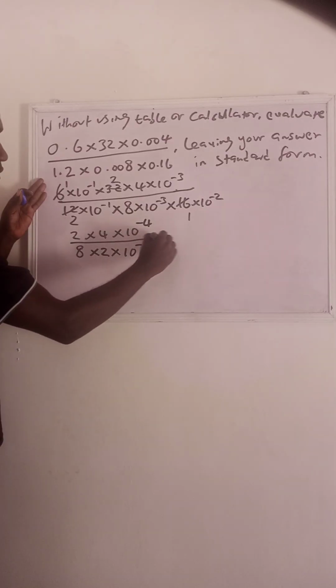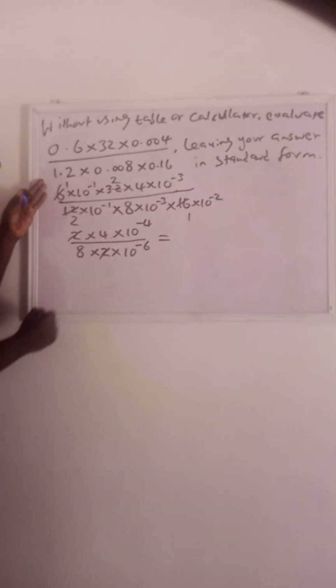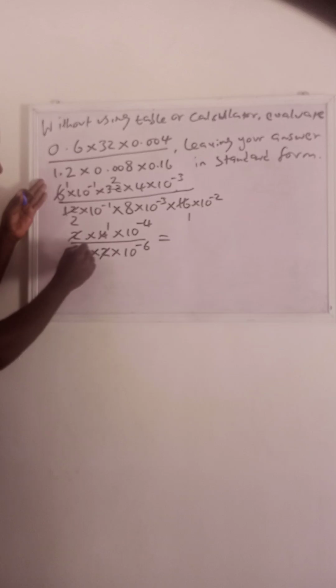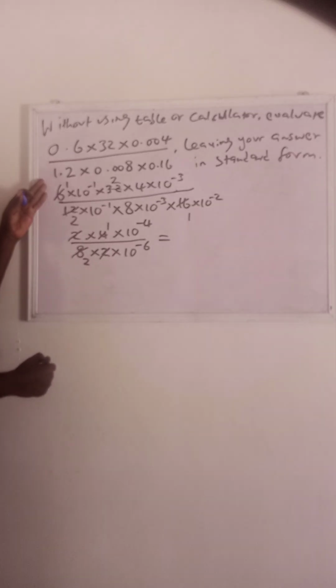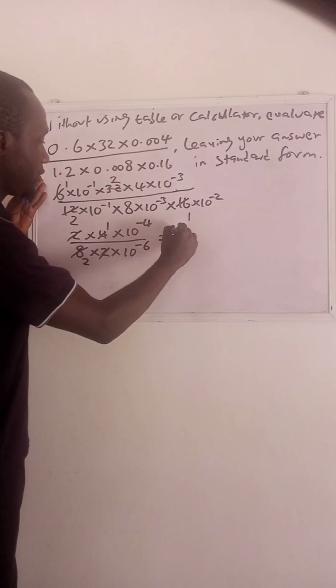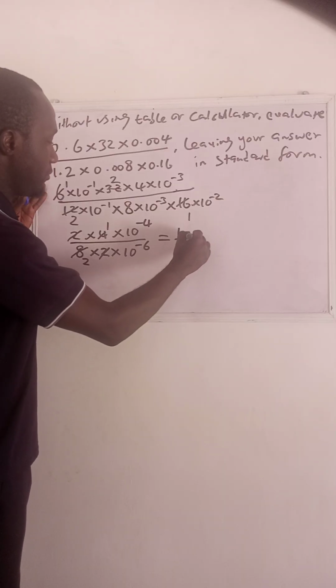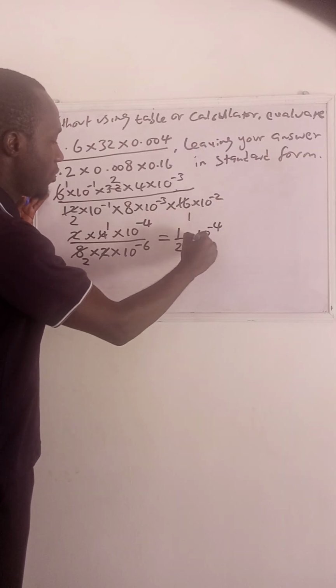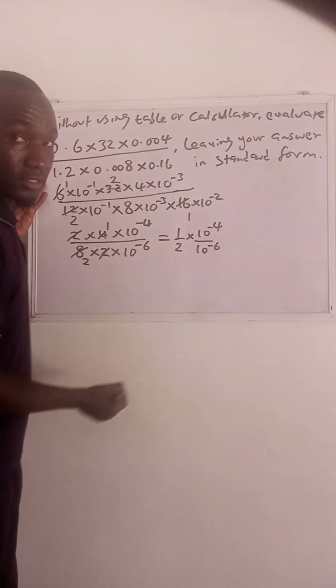So now this is equal to, this 2 will go with this 2, 4 here 1, 4 here 2. So now what we have is 1 all over 2 times 10 raised to the power minus 4 over 10 raised to the power minus 6.